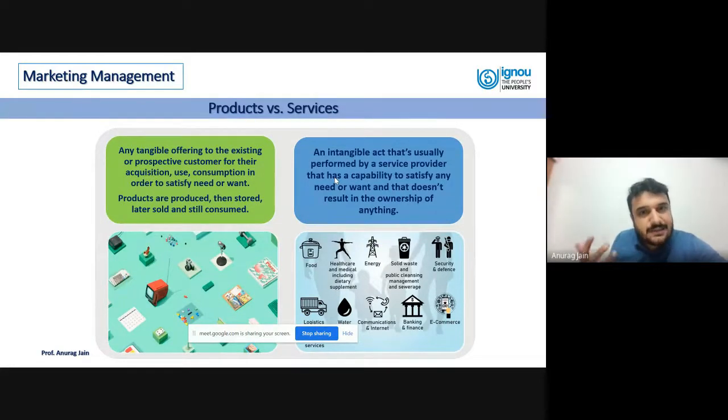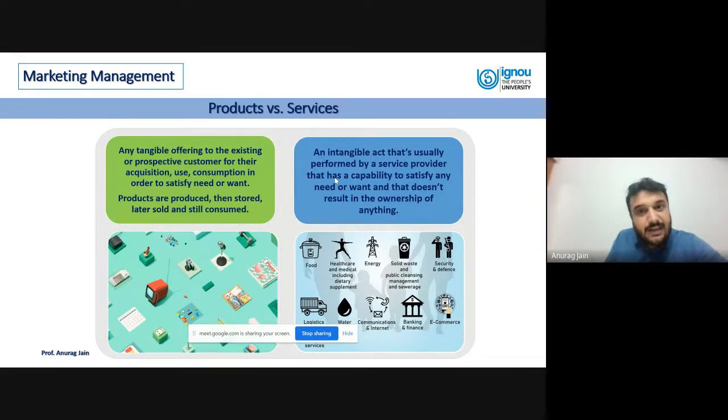And majorly there is a difference in the approach through which we market the products as compared to the services. That is the reason there is a very dedicated course to this, which is known as marketing of services or services marketing. The idea is that whatever you consider as a part of service, the nature is completely different from the products, and so is the way people consume it, the way people buy it, the way people pay for services, whatever services the marketers are delivering to you.